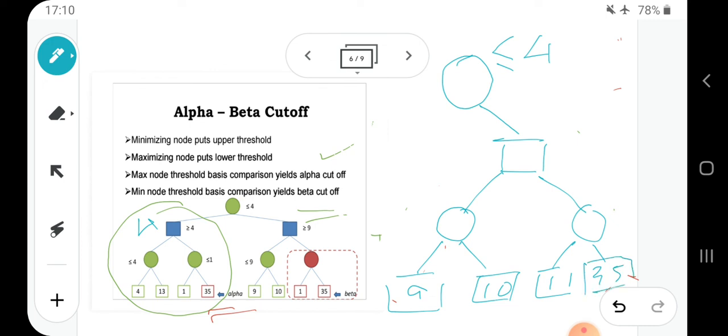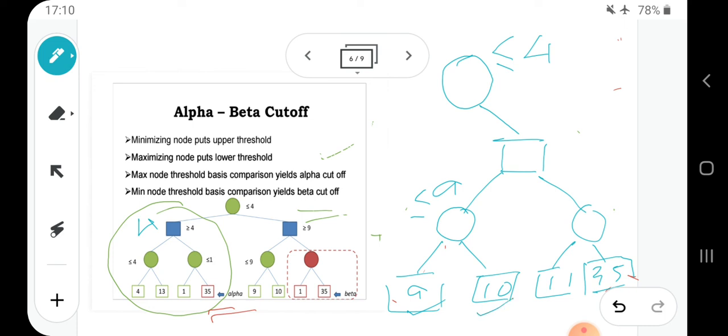So coming down to this, evaluation in this particular path will happen since it is interested to see if it can return some value lesser than 4. So initially we will check this and we will see that this will return some value less than or equal to 9. So we will also select this because we are looking for some minimum value.